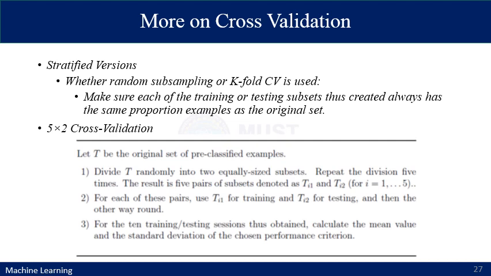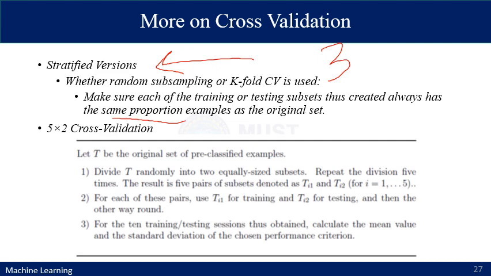So for example, let's say in our data set for an image classifier, we are predicting the types of animals, and let's say we have three different types of animals in our original data set, for example, cats, dogs, and bulls. Stratified sampling ensures that whenever we divide our training set or test set, our subsets must contain the same proportion of examples as the original set.